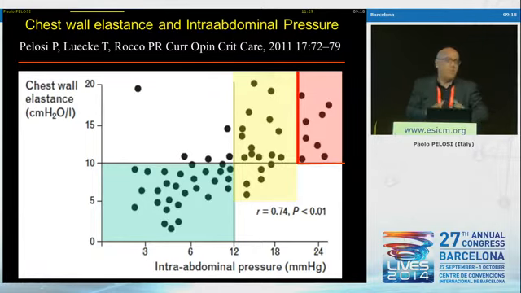Below 12 millimeters of mercury, not centimeters of water, so it's 16 centimeters of water of intra-abdominal pressure, more or less most of the patients have a normal chest wall, with some few exceptions.